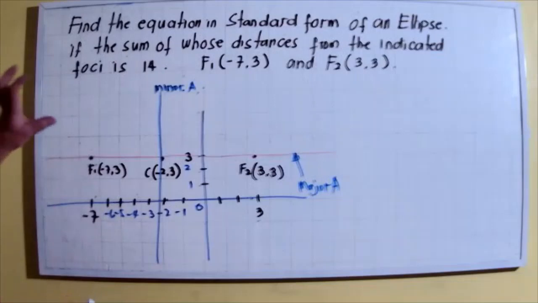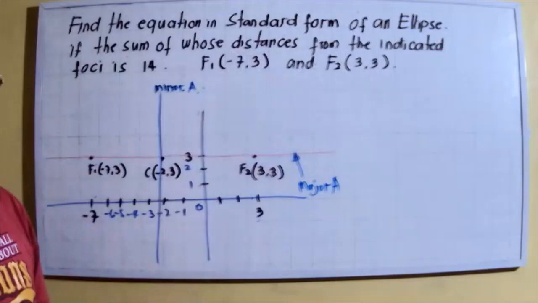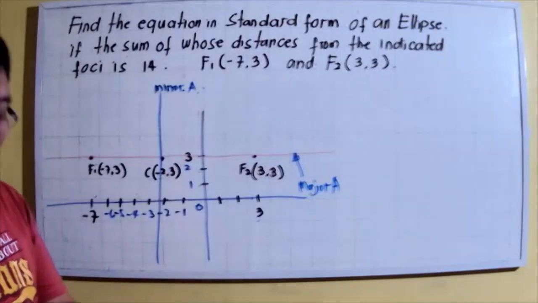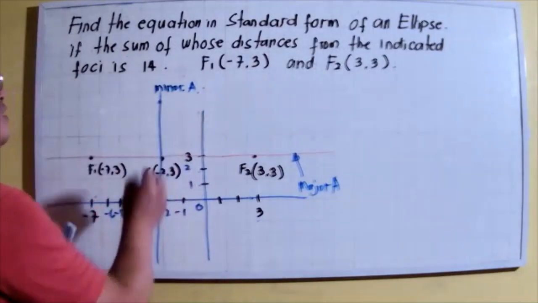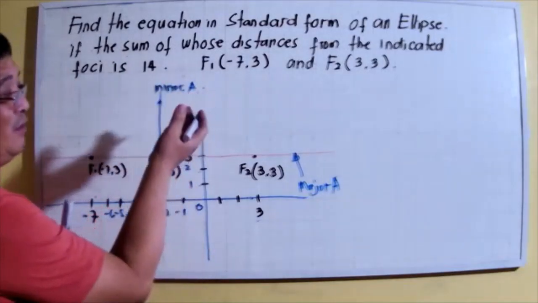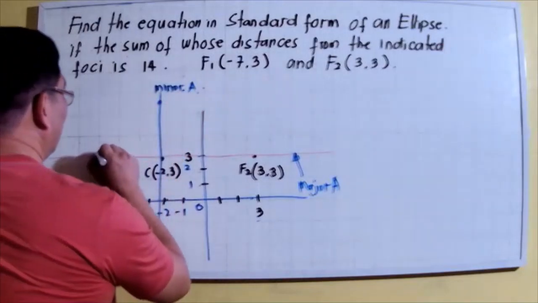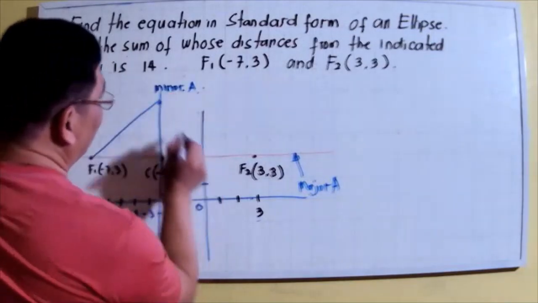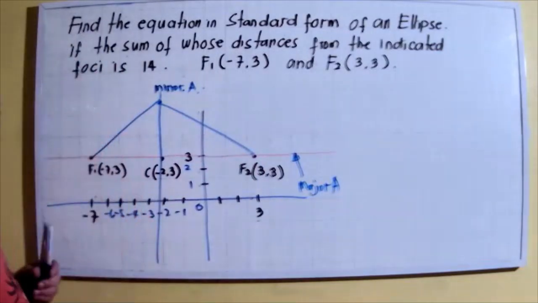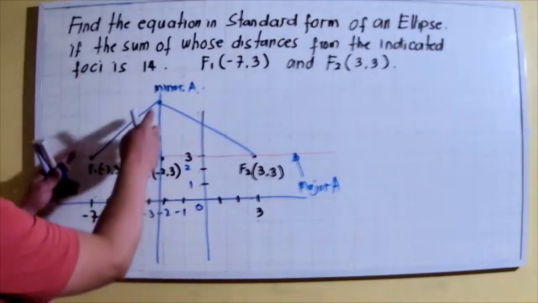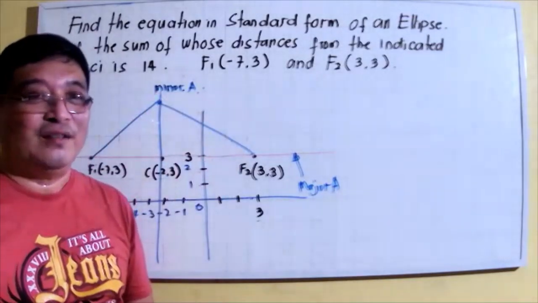If 14 is the sum of distances, a property of an ellipse, it means that from a co-vertex on top, if I connect to the two foci, the sum of these distances is equal to 14.